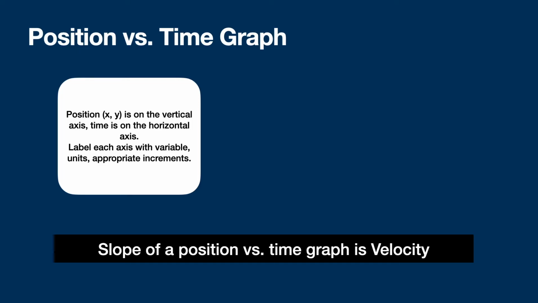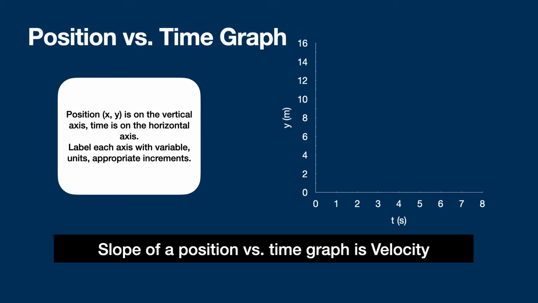One is make sure that the position, that's x or y, goes on the vertical axis, and time is always on the horizontal axis. And then you always want to label each of your axes with a variable with units and appropriate increments. So here's an example of what that looks like. Okay, so when you take the AP test, they are going to look for all of those things.